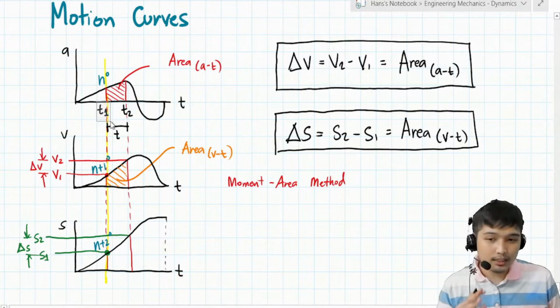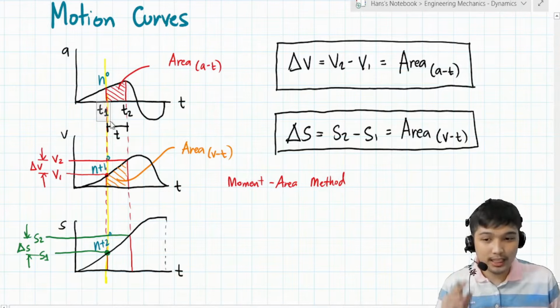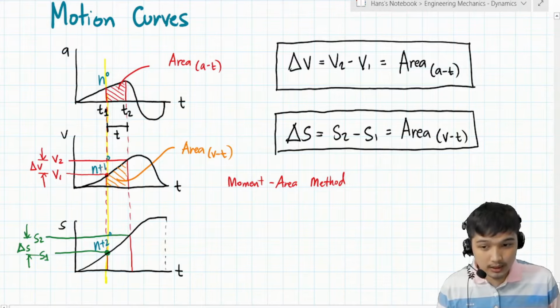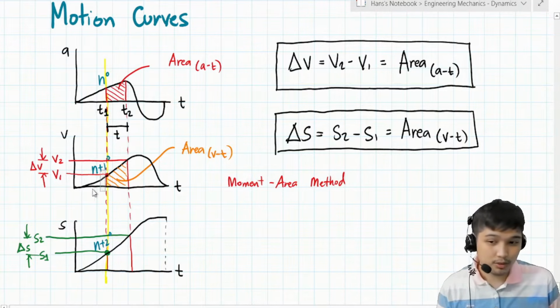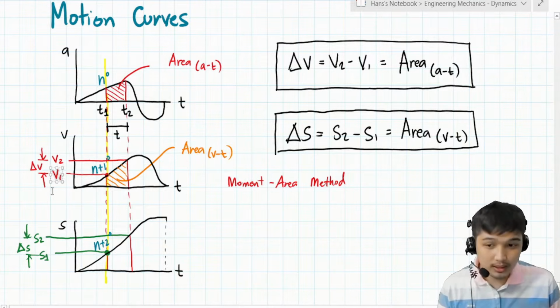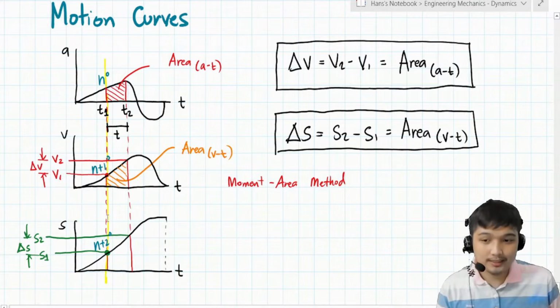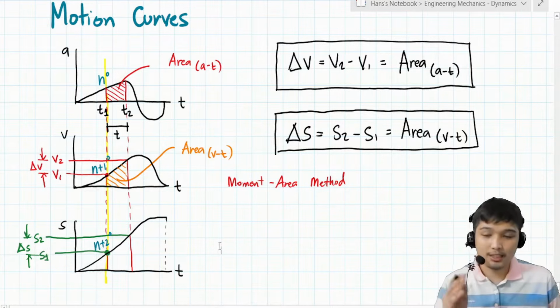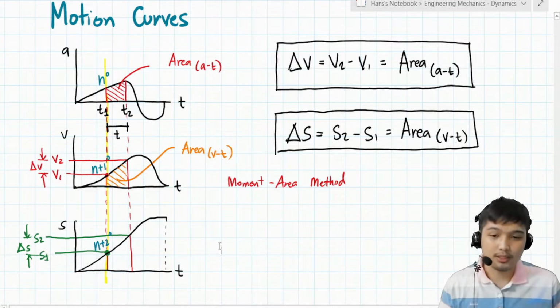Ang kailangan dito class is dapat doon sa time na yan, merong given na velocity, which is what we called here as v1. And then another thing, dapat sa time na yan, given din yung position, which is in this case S1. Okay? So, dapat at T1, merong V1 at S1.